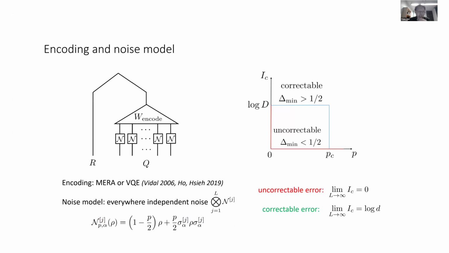So threshold just means that now everywhere you have probability P to have an error, and now I want to ask whether this error can be decodable or not. Of course that depends on P. If P is very small, then probably you can correct the error because the error rate is small.